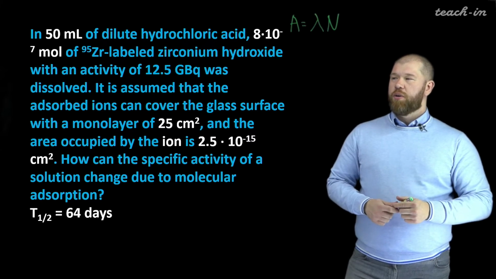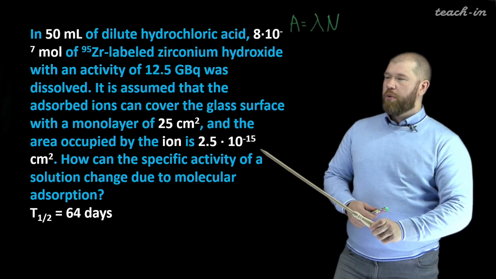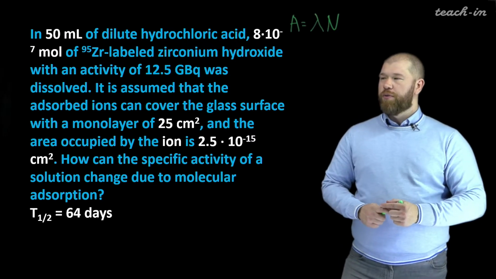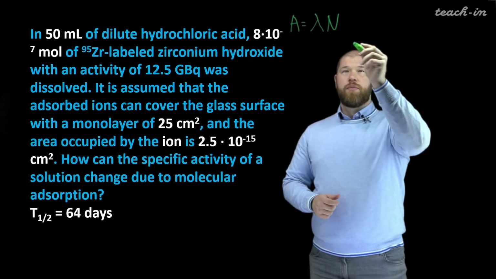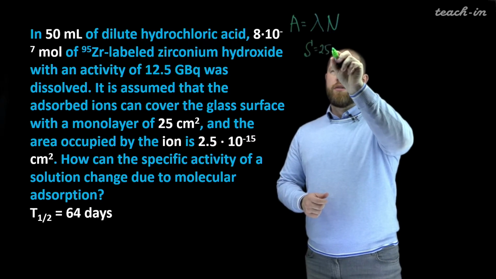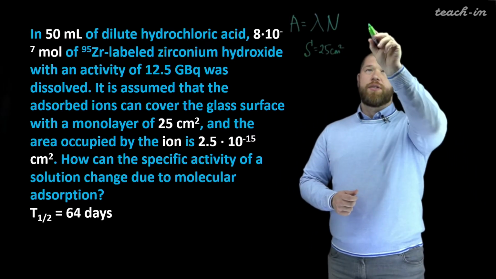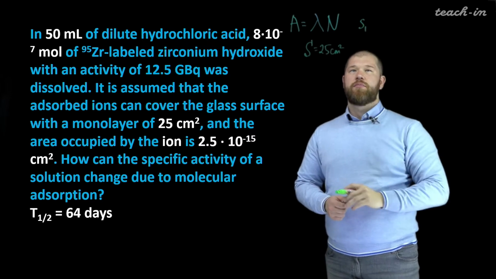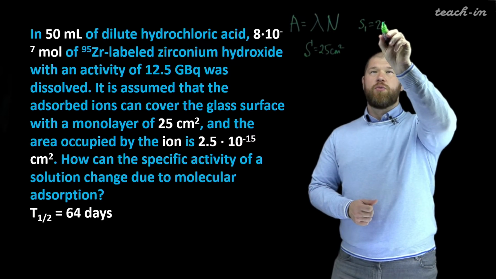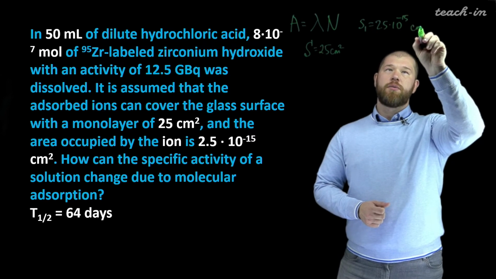So first of all, we should calculate how many molecules of zirconium will be absorbed on this surface. We know that the total surface area is equal to 25 square centimeters, and the surface area occupied by one ion is only 2.5 × 10^-15 square centimeters.